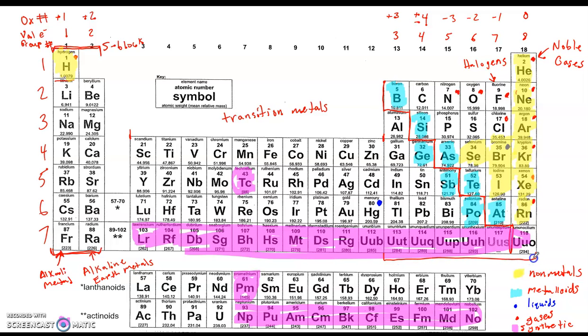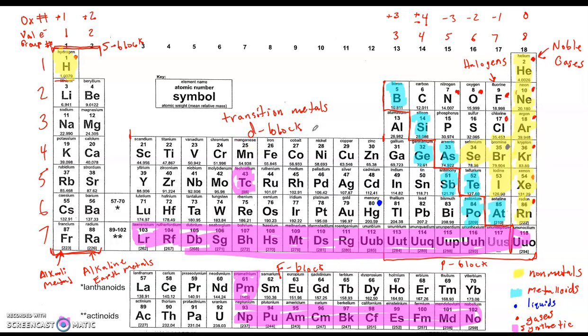This chunk here, so this whole chunk right here, is called the P block. Down here, this whole section, the section that's on its own down here, is called the F block. The F block. And then the transition metals make up the D block.